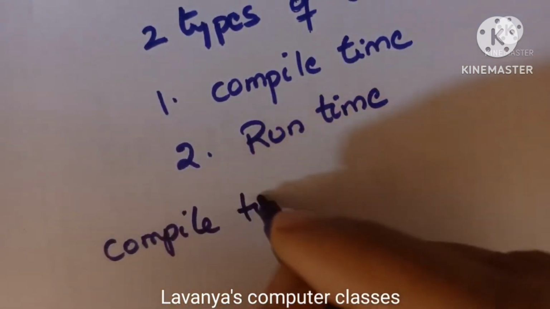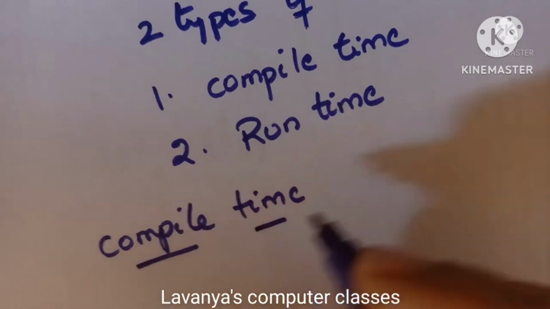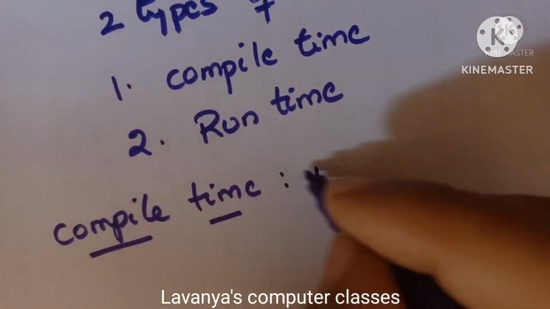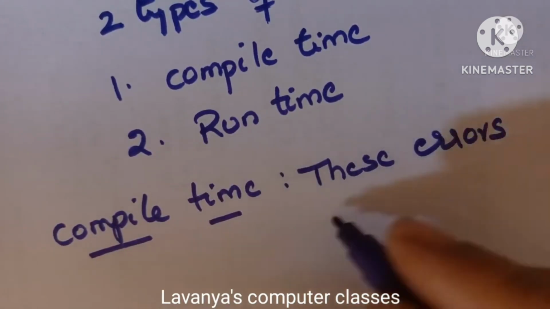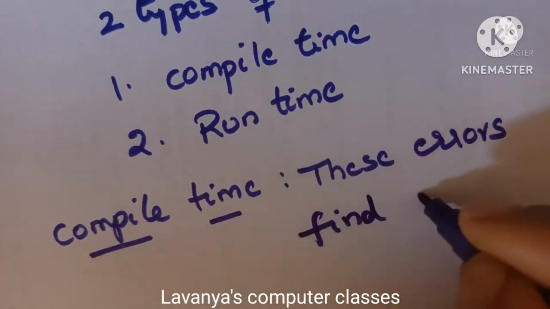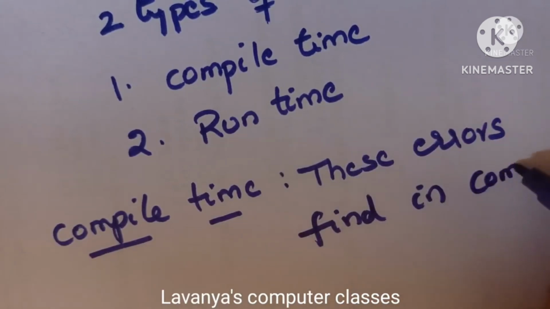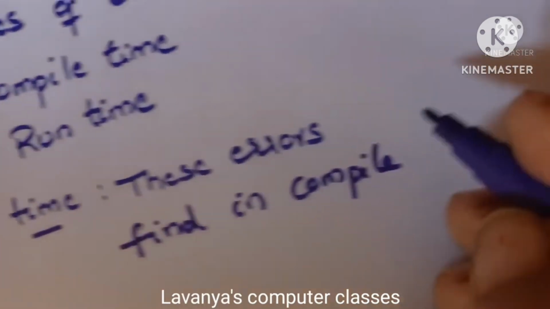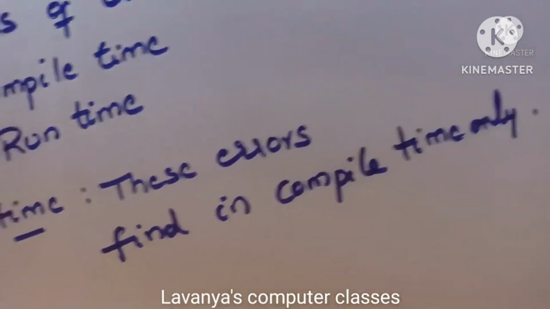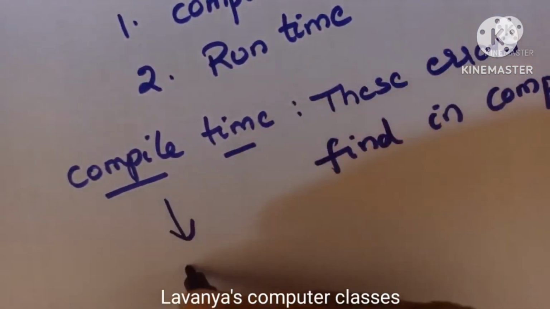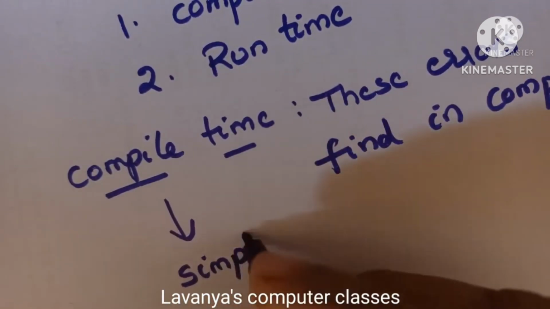Compile time errors are found at the time of compilation only, as the name says, compile time. These compile time errors are nothing but syntax errors. These are also called syntax errors.